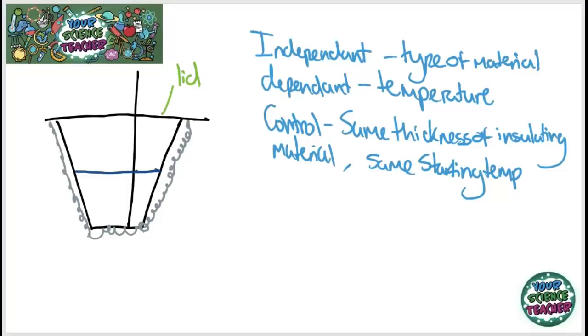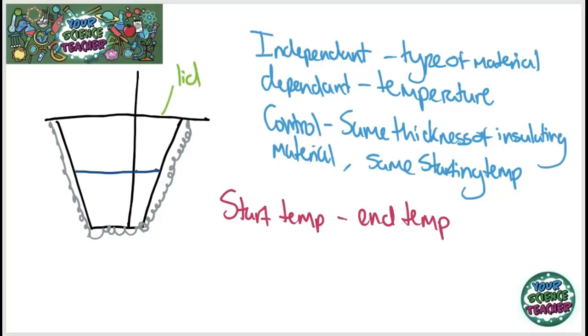Now, the key to being the best insulating material will be the one that keeps the water or object the hottest. Now, the way we'll measure that is we will have the starting temperature minus the end temperature. And the one which has the lowest value for this will be the best insulator.